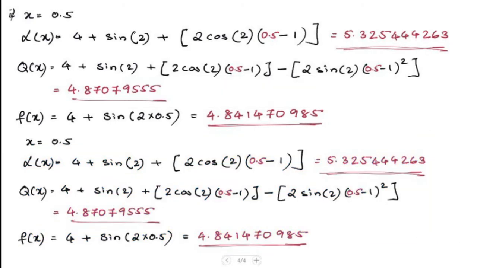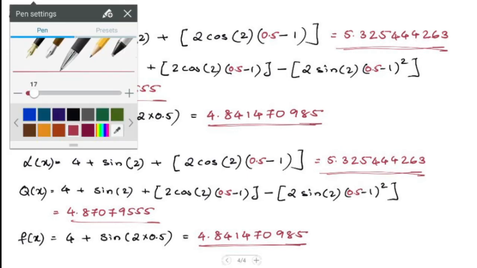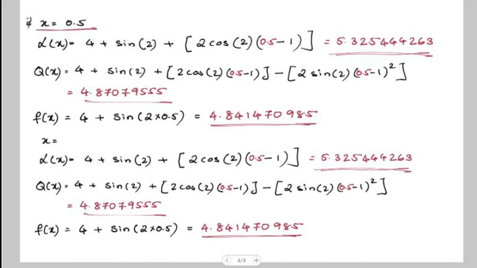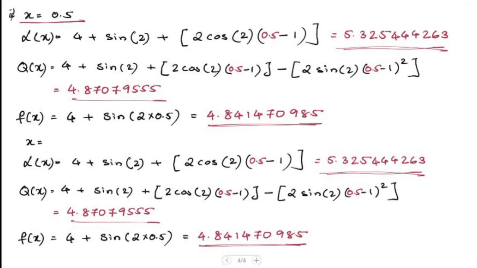Okay, so that's for x equal to 0.5, and now we'll work out x equal to 0.75. Maybe let's use a different color so it's easy to distinguish. So here we'll have 0.25 now.